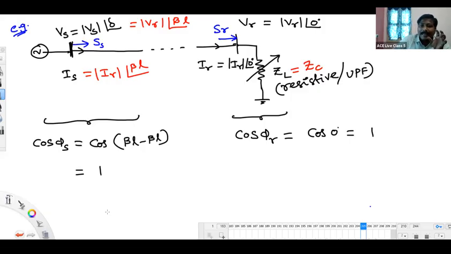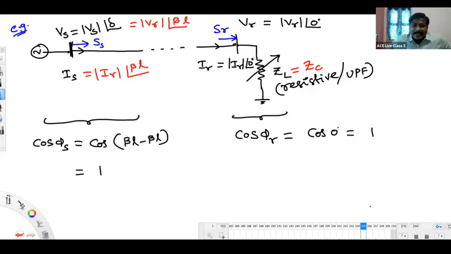Now the thing is, in the situation where we keep ZL equals ZC, whatever power is demanded by the load, that we are going to call surge impedance loading.